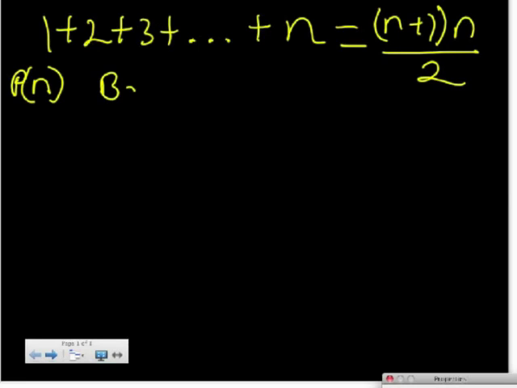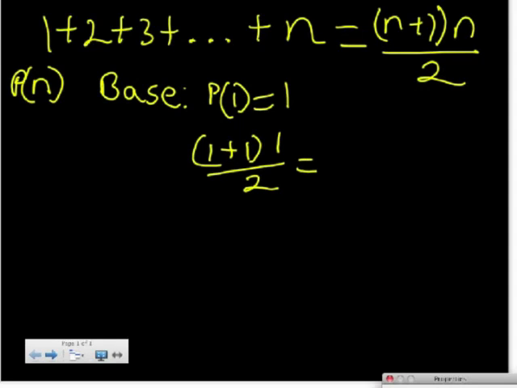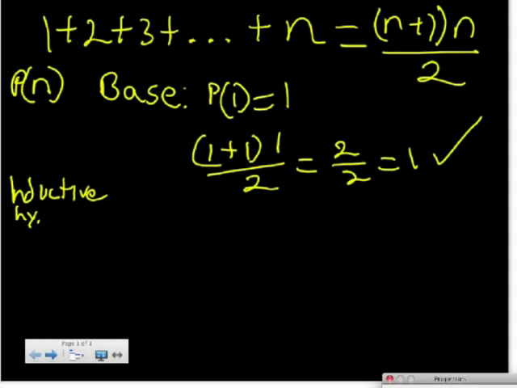So we're going to start with P of 1. Obviously, the sum of all consecutive positive integers up to 1 is going to be 1, right? So we want to see if this formula holds true. Since we have n being 1, we have 1 plus 1 times 1 over 2 equals 2 over 2, which is 1. So our base case works out nicely. Our next step is the inductive hypothesis.